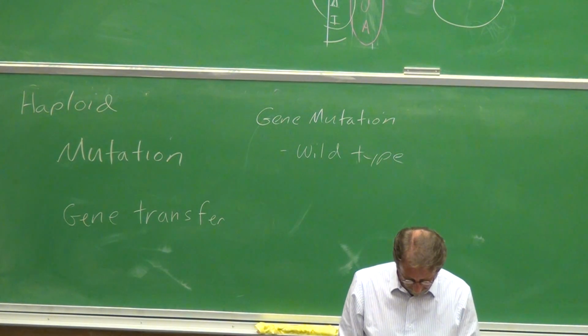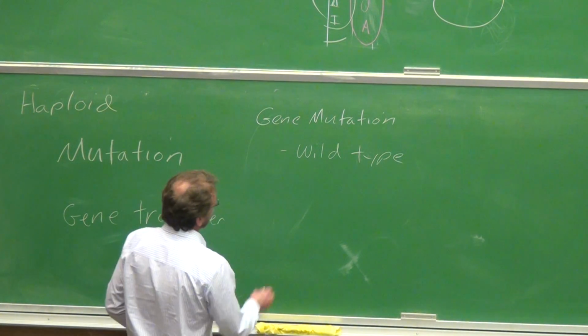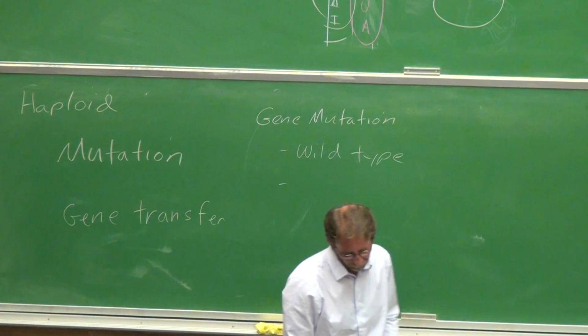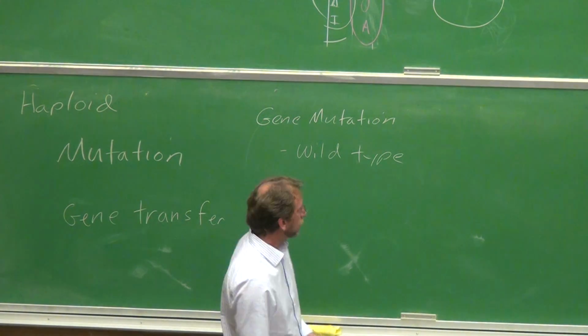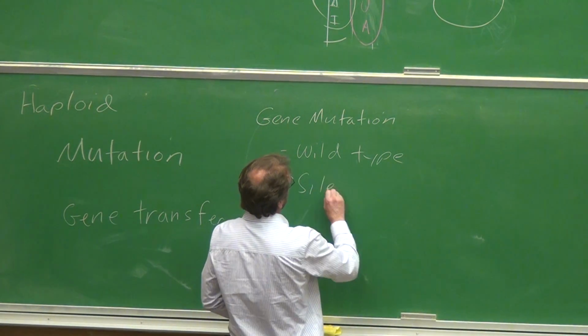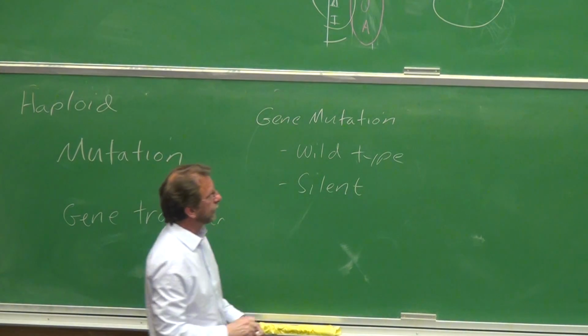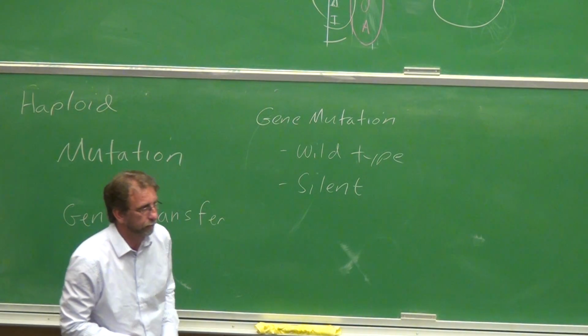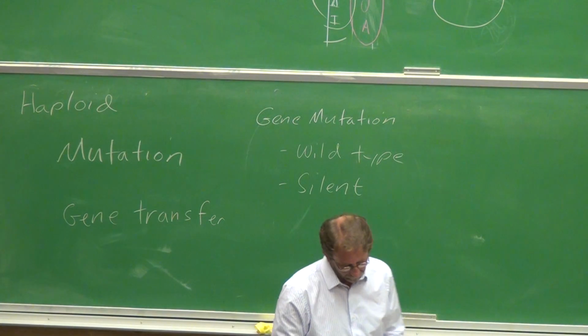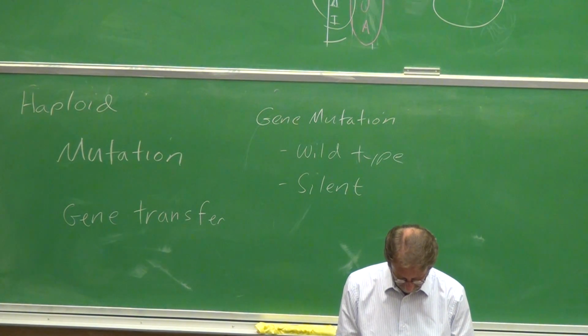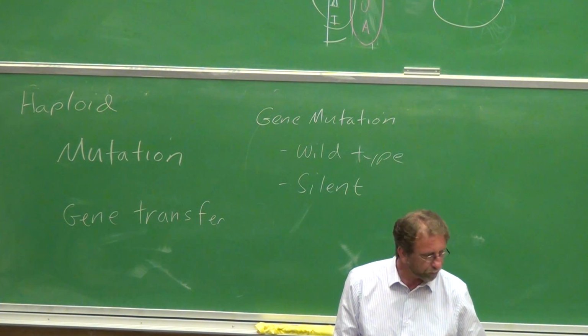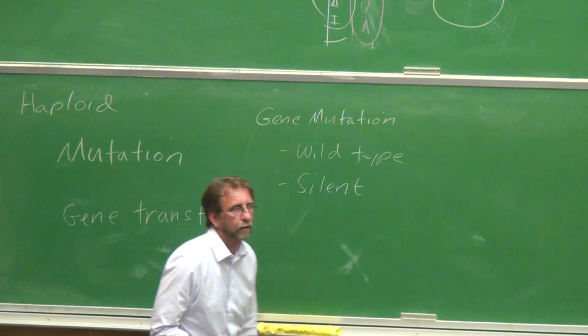The mutation had no effect. This is also referred to sometimes as a silent mutation. So the wild type is the silent mutation? Sometimes referred to as a silent mutation.